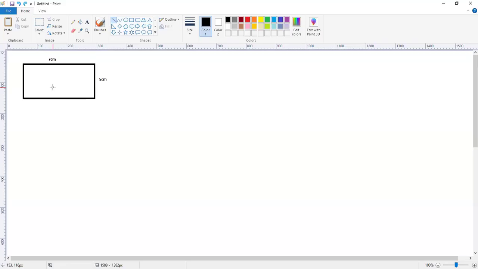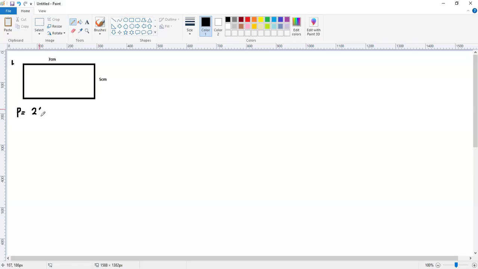Okay, so let's go back to perimeter. Perimeter of a rectangle. So what's the formula for perimeter of a rectangle, P equals, can you remember? It starts with 2 something.